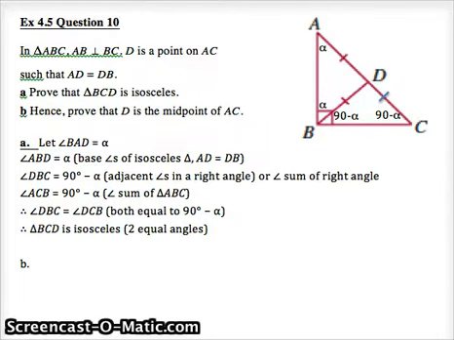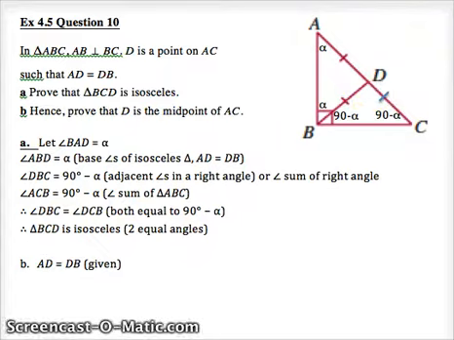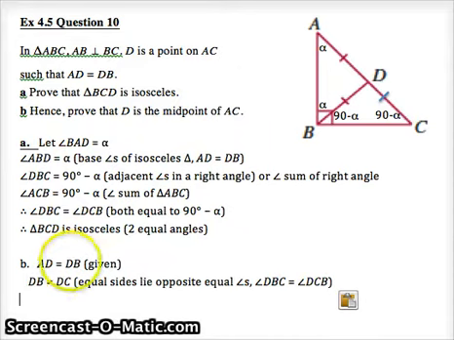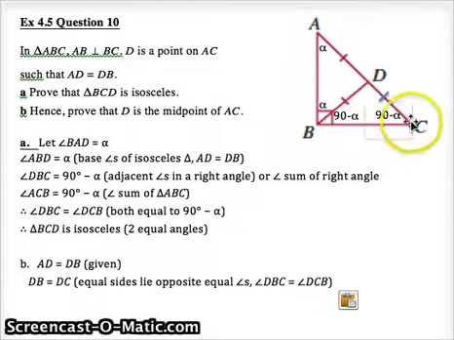So again, as we said, we know that AD equals DB, and that was given. We also know that DB equals DC because they are equal sides that are opposite the equal angles of that isosceles triangle. So DB equals DC because equal sides lie opposite equal angles, and the equal angles are angle DBC and angle DCB.